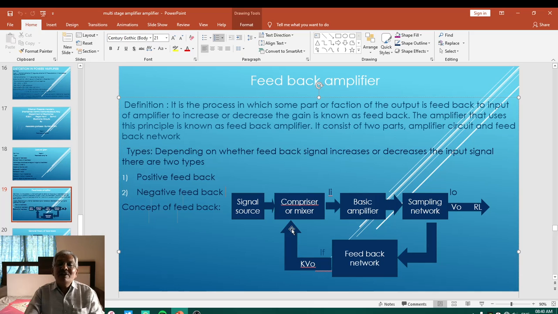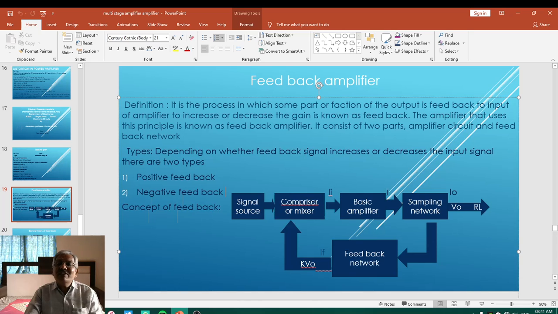And if the feedback signal is in phase with the input source signal, then both are added, combined together, mixed together so as to increase the input signal to the basic amplifier.